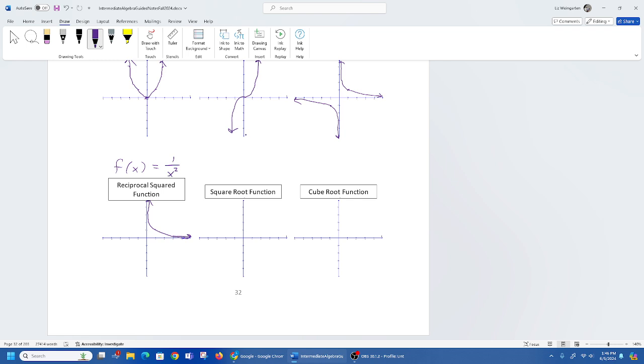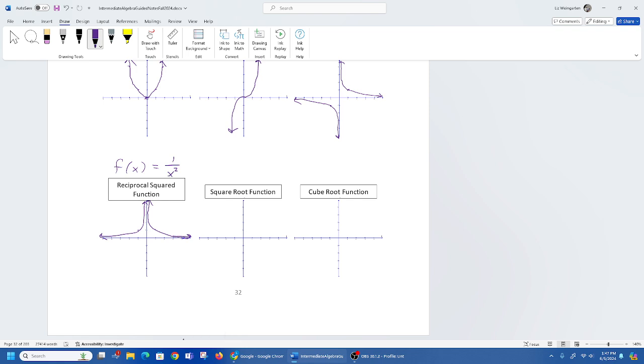But it will look very similar to what we had up here, except it's going to get closer to the axis faster. But because we're squaring, when we stick negative numbers in for x, we're going to get positive outputs. So this time, our negative numbers are going to be above the x-axis. So the reciprocal squared function looks something similar to this.